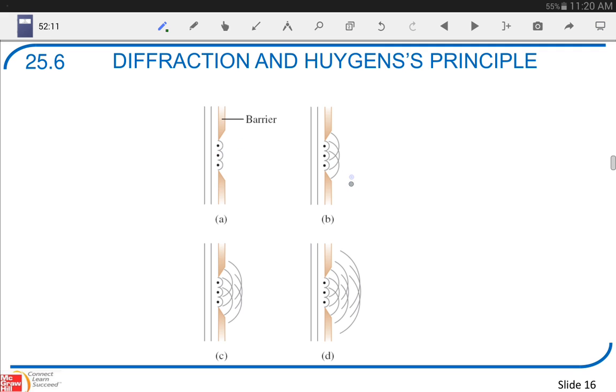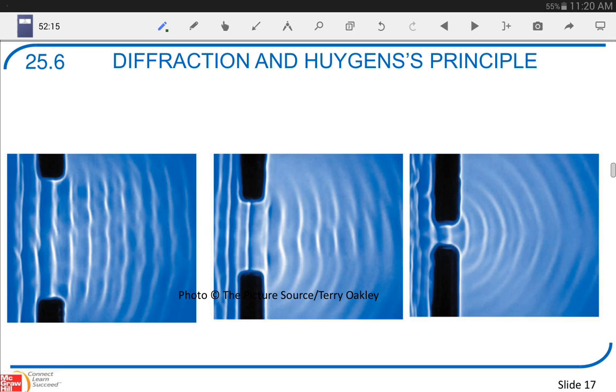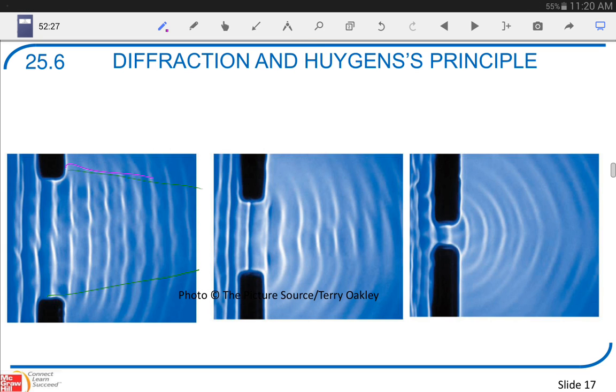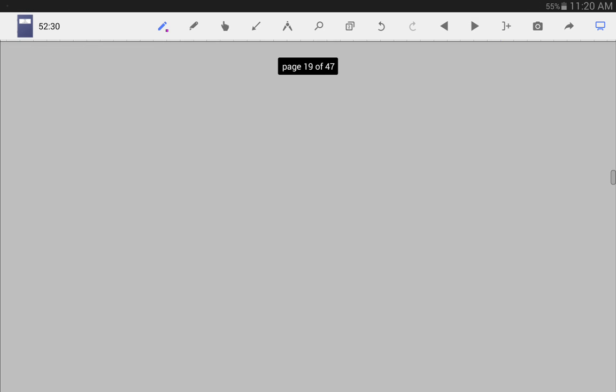If you have a single slit, light going through that slit is going to spread out. If it's a narrow slit, it just spreads out spherically. But if it's a broader slit, you will have a center region, which you clearly can't see with that color, and then diffraction that you see outside of it.